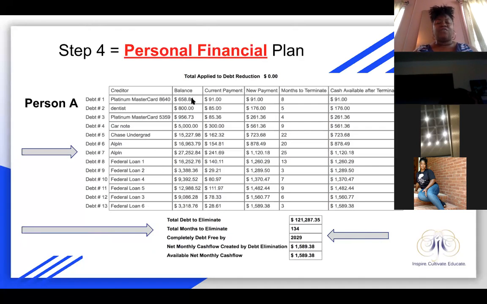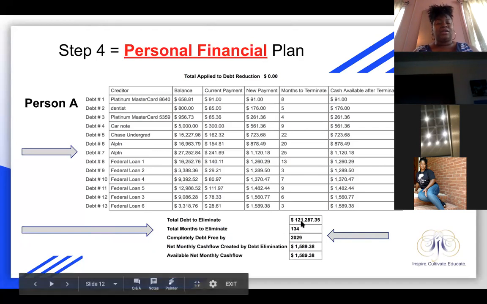It doesn't start from the highest balance to the lowest, or the one with more interest, or vice versa. But based on the numbers and how much you're paying, it gives you a realistic account of how you can pay it off. So this $121,000 debt is going to take them 134 months.